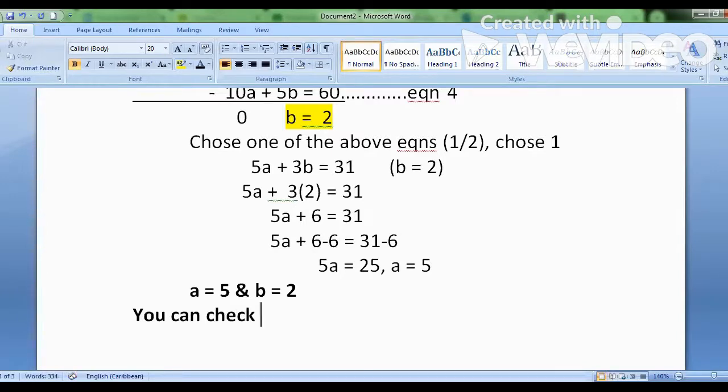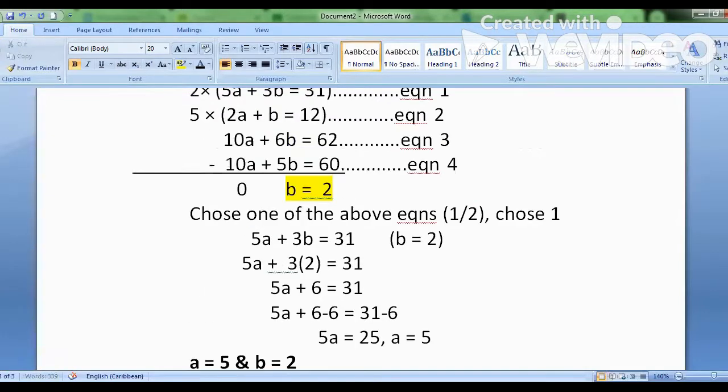Sir, in the section where you have 5A plus 3 open bracket 2, how did you get 31 there?